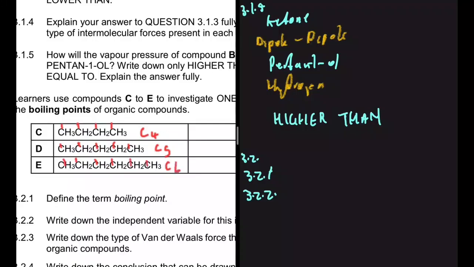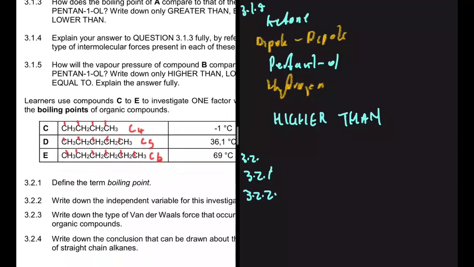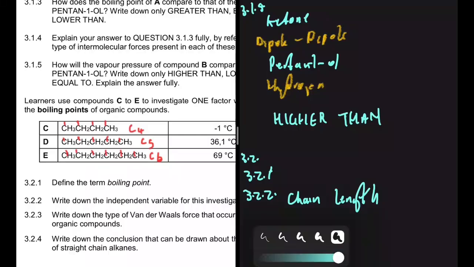So it seems like our independent variable, what we are changing, is the chain length. We can see that from the number of carbons in the compounds. So the answer to 3.2.2 would be chain length, or the molecular mass, because as the chain length increases, the molecular mass also increases. So that is the independent variable.